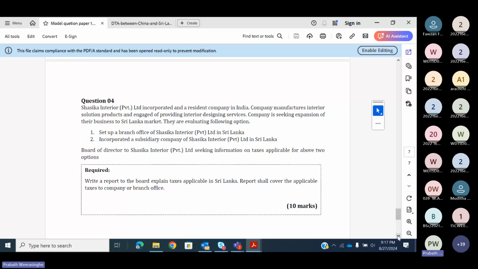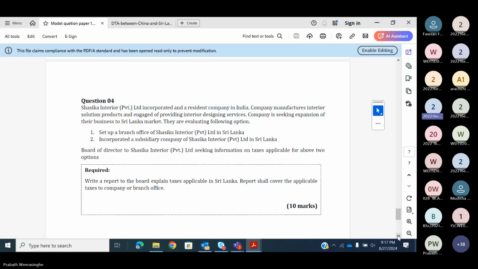Because they are doing supply activities in Sri Lanka, they will be liable for VAT, and if the turnover is more than the limitation, they will be liable for SSCL. If they are setting up a separate subsidiary company in Sri Lanka, a subsidiary company is a resident company for Sri Lanka tax, so it is liable for Sri Lanka tax.